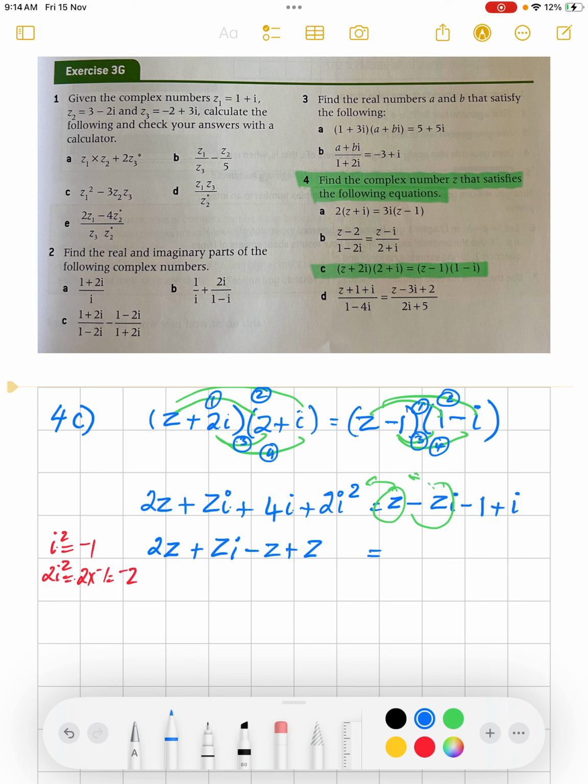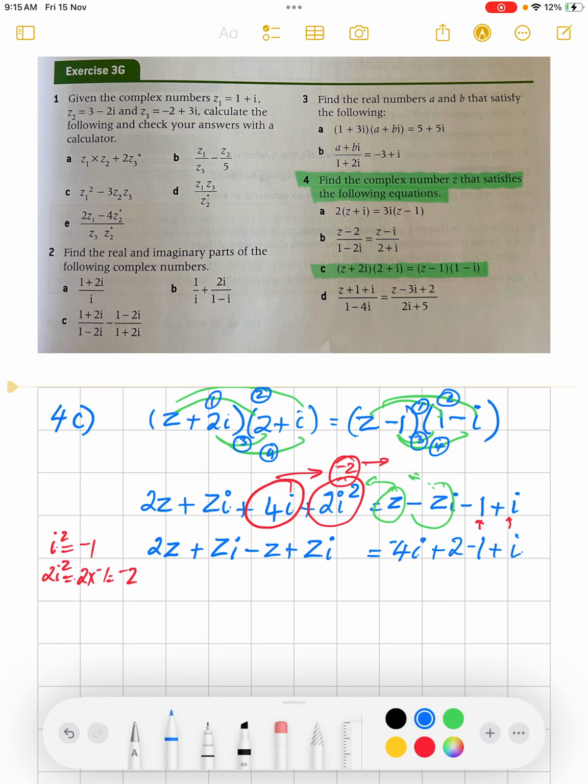I'm going to take this 4i across to be minus 4i. I'm going to take that negative 2, remember that, and take that across to be a positive 2. And we've still got a minus 1 and a plus i from above, still on the right-hand side.